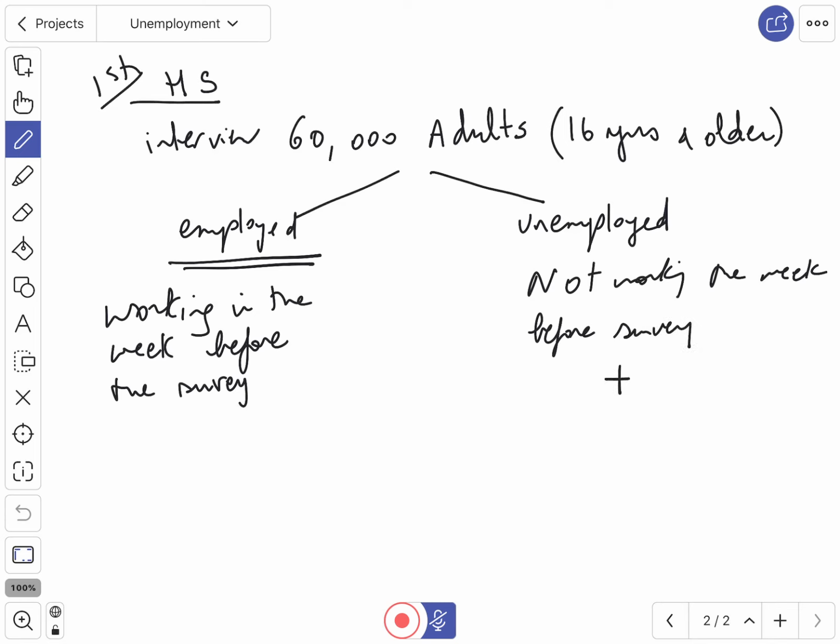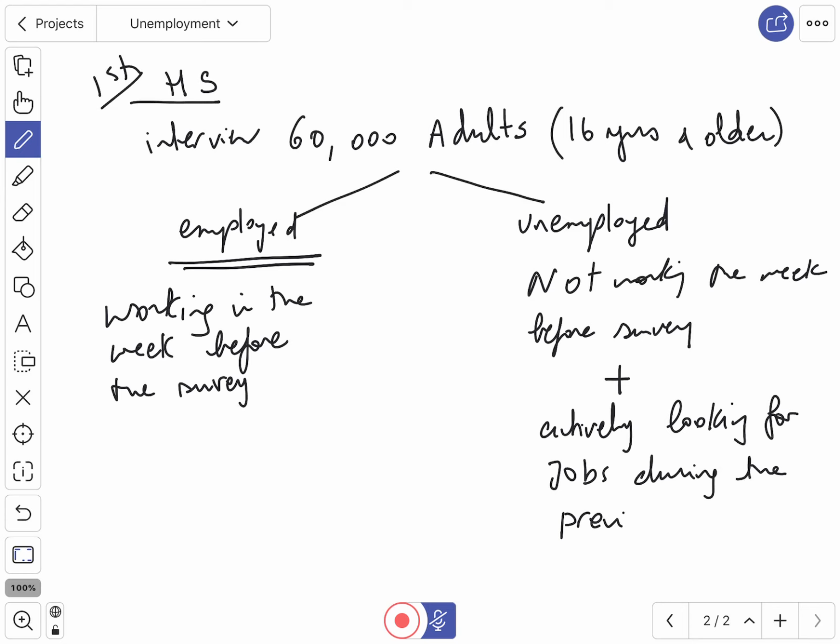You have to be actively looking for a job. Because you might not be working the week before the survey and you really don't care and you're staying home, and that's fine, but you have to be actively looking for jobs during the previous 4 weeks.